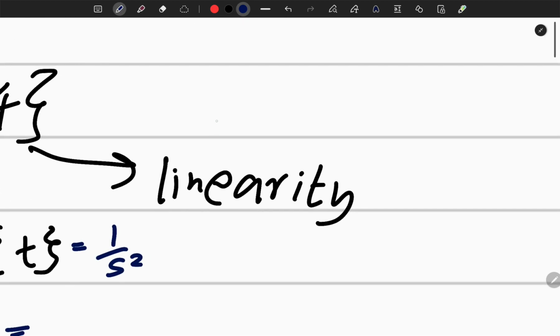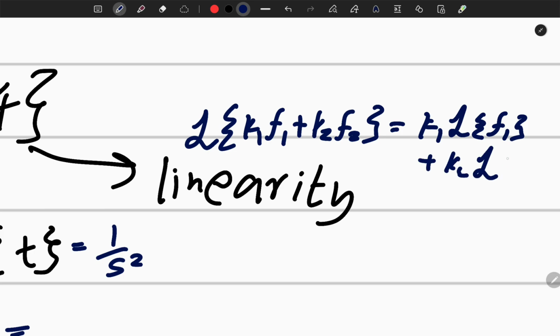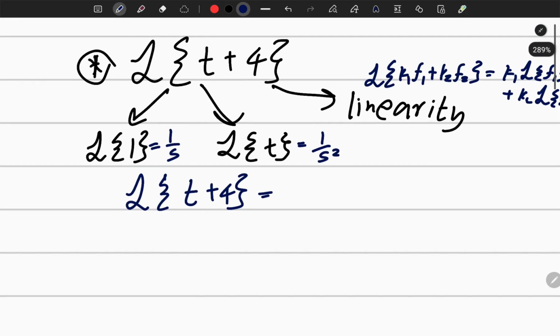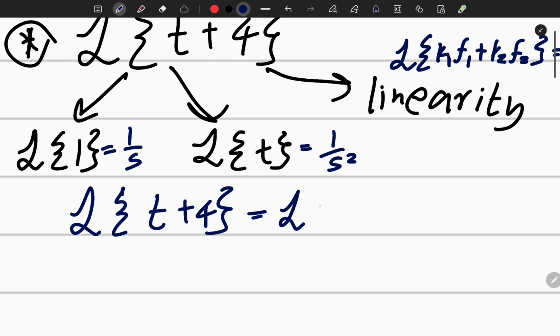If the Laplace transformation is k1 f1 plus k2 f2, I can write this as k1 times the Laplace transformation of f1 plus k2 times the Laplace transformation of f2, right? Then here I can write this as the Laplace transformation of t plus the Laplace transformation of 4.